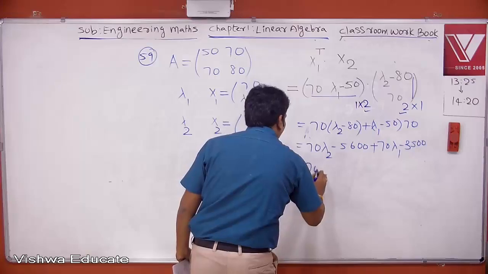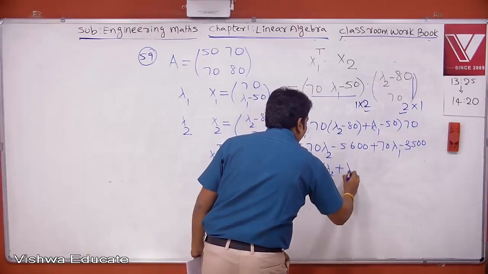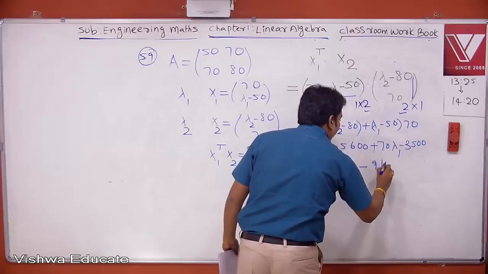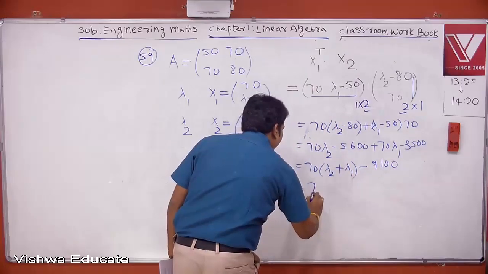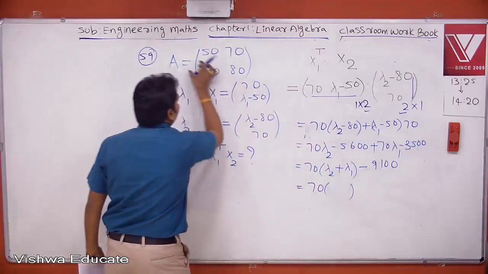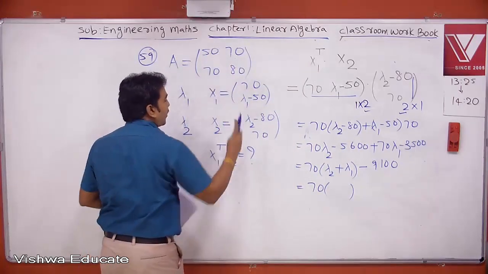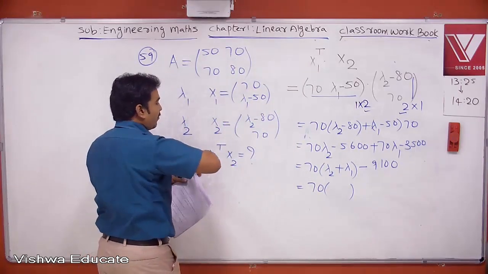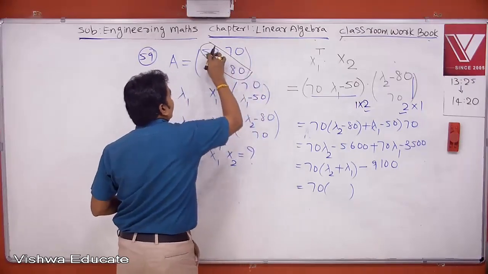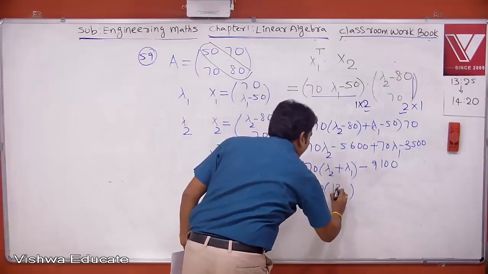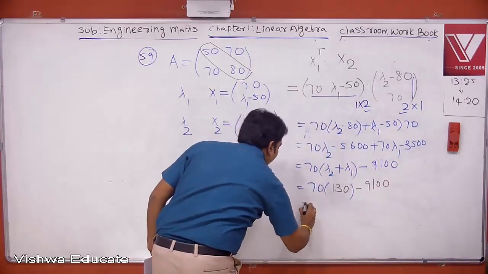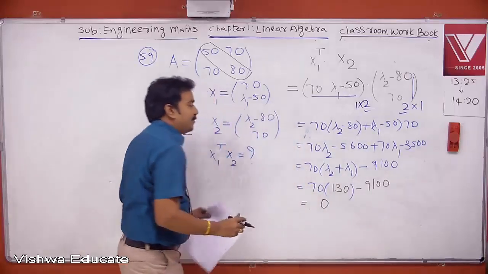You can take 70 common: 70 into lambda 2 plus lambda 1, minus 5600 minus 3500, which is 9100. Now lambda 1 plus lambda 2 is the sum of eigenvalues of this matrix. Sum of eigenvalues is the trace. So lambda 1 plus lambda 2 equals the sum of these two diagonal elements, which is 130. So 70 into 130 minus 9100. This is 9100, so the answer is 0.